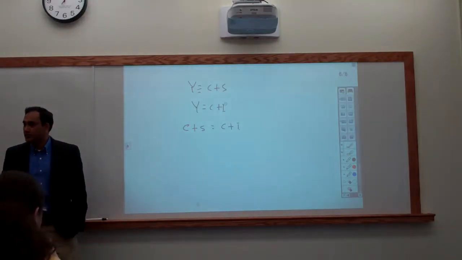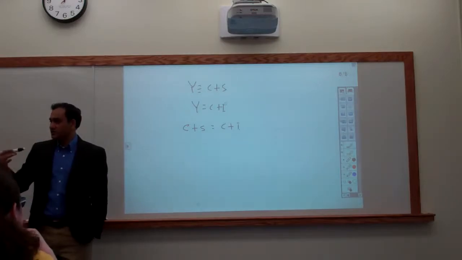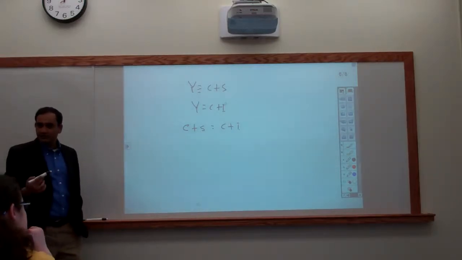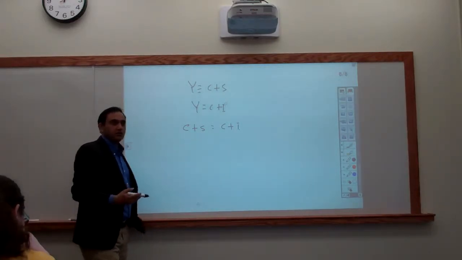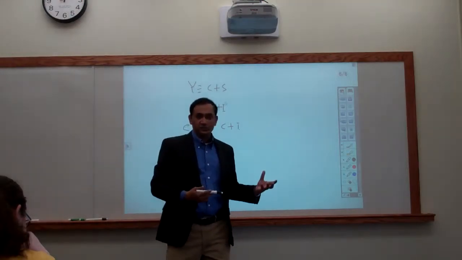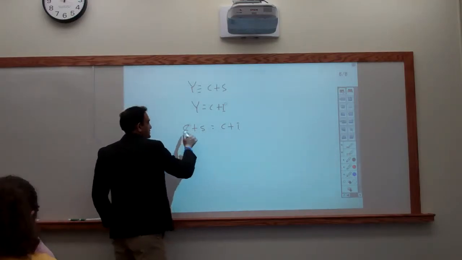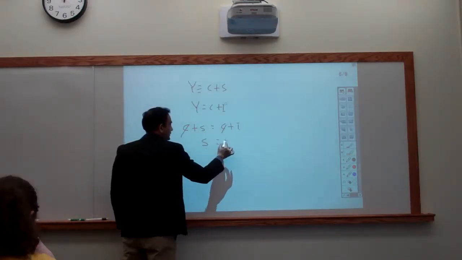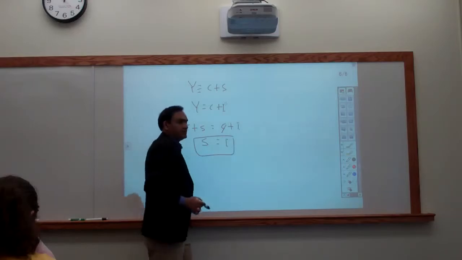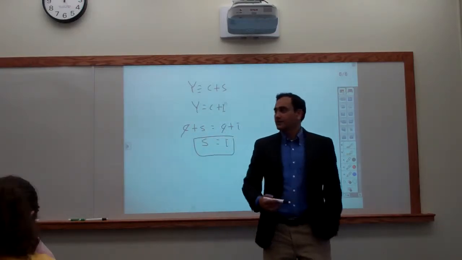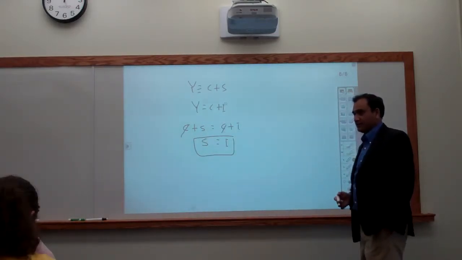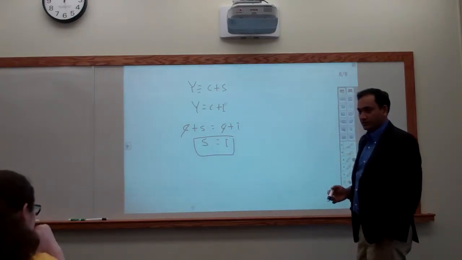I have just substituted the value of y, which is c plus s all the time. Every dollar has two uses in a two-sector economy. Either you consume or you save. So c cancels out, and you are left with savings equals investment. That also gives you equilibrium, because you're deriving it from the equilibrium condition.